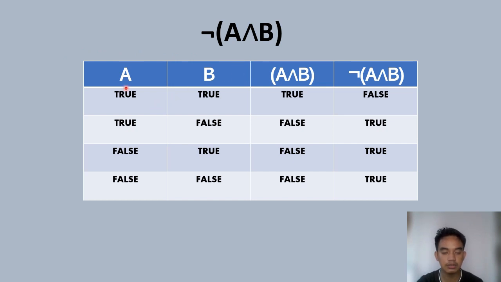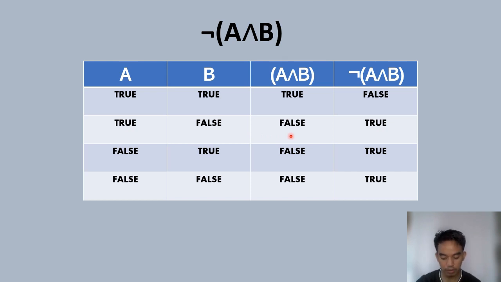Here is the truth value of A and B, which is true, true, false, false, true, false, true, false. Then let's first compute the AND connective, A and B. If both are true, it is going to be true. Then true, false, they are going to be false.